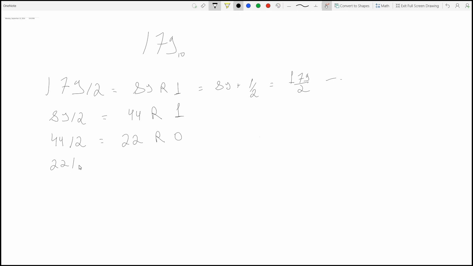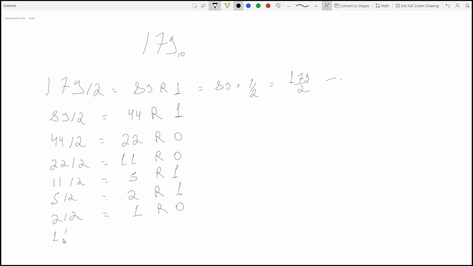Again 22 divided by 2, the base that we want to convert into. The answer will be 11 with a remainder of 0. 11 divided by 2, the answer is 5 with a remainder of 1. 5 divided by 2, the answer is 2 with a remainder of 1. 2 divided by 2, the answer is 1 with a remainder of 0.